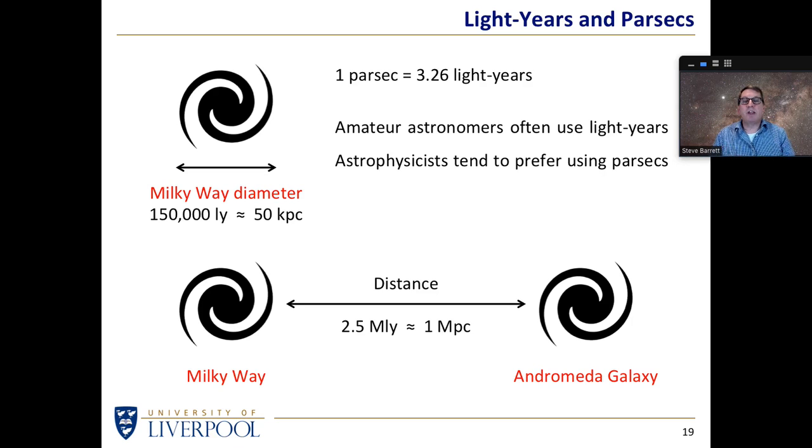That distance is about 2.5 million light years. That's just a little bit less than a megaparsec. So that's all we really need to remember, that typically distances between stars are parsecs, and typically distance between neighbouring galaxies might be megaparsecs. That's the only thing we really need to remember about these units of distance.